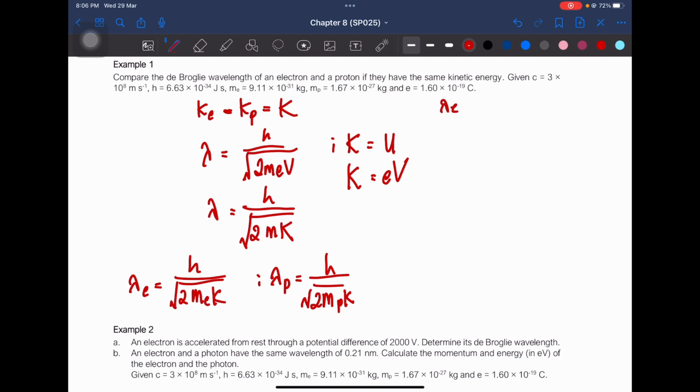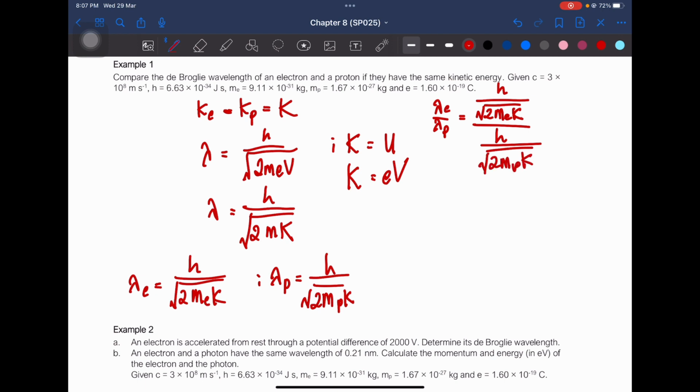I'm just going to do the ratio of the wavelength of the electron to the proton. So that is h over the square root of 2 m_e K, over h over the square root of 2 m_p K.